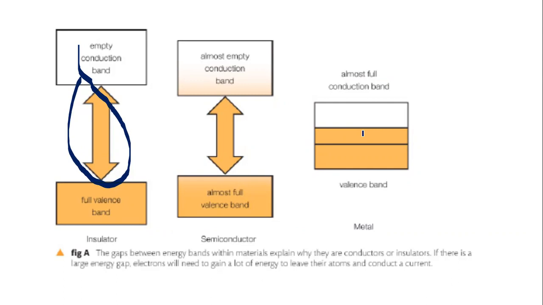It is not as wide as an insulator. The gap in an insulator is really high. Because it's really high, the electrons need a huge amount of energy to overcome the forbidden gap and move from the valence band to the conduction band and become delocalized.